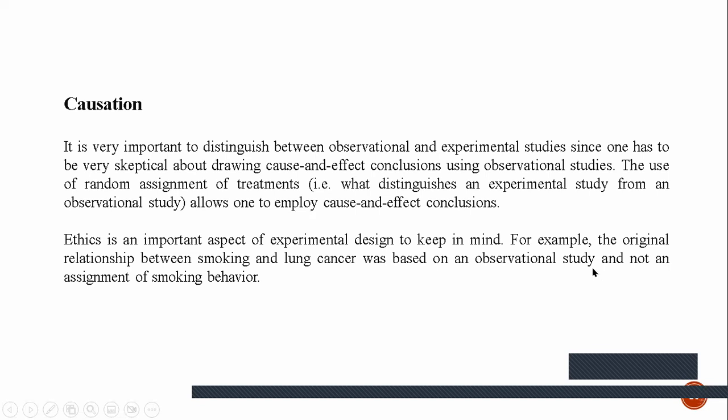Okay, so let's move to this part. Causation. It is very important to distinguish between observational and experimental studies, since one has to be very skeptical about drawing cause and effect conclusions using observational studies.